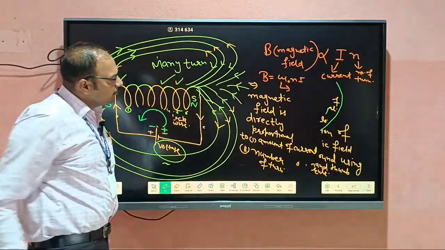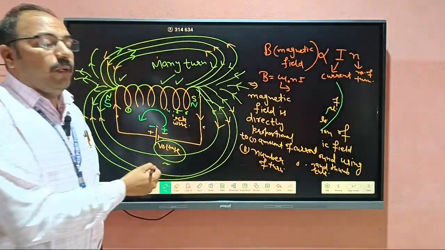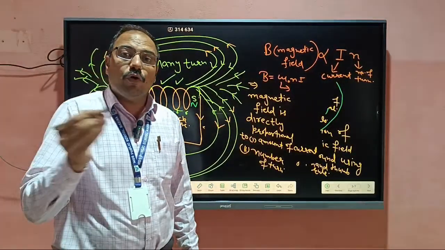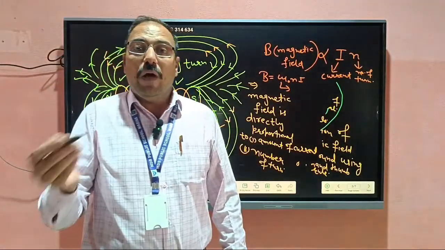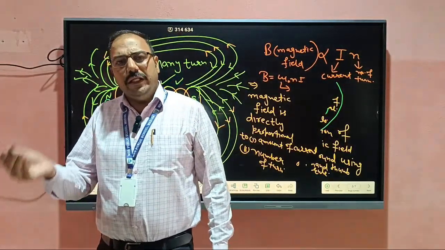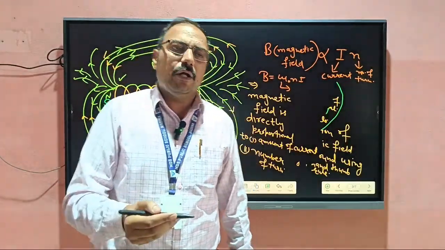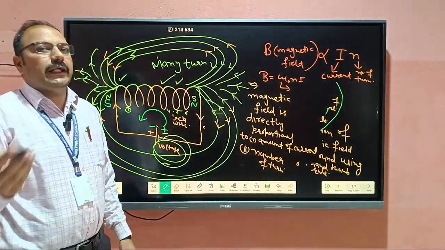So we increase the magnetic field of a solenoid by increasing the number of turns of the coil, and second by increasing the value of the electric current. We can increase the electric current by the voltage. If we increase the voltage, then the electric current increases.